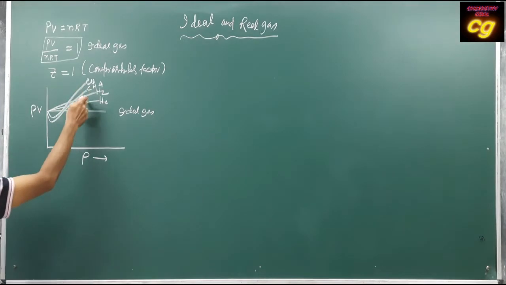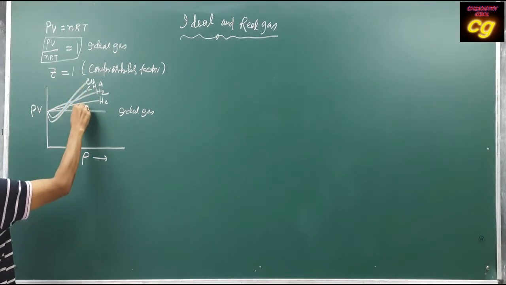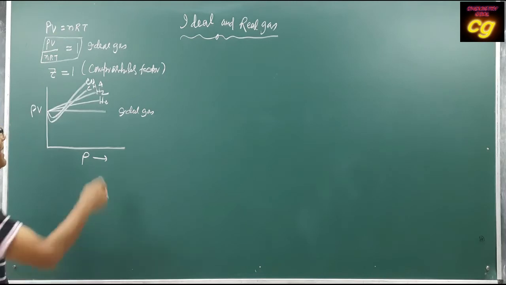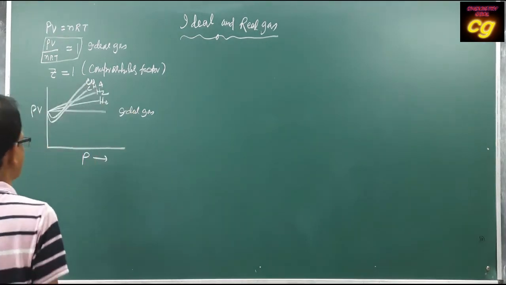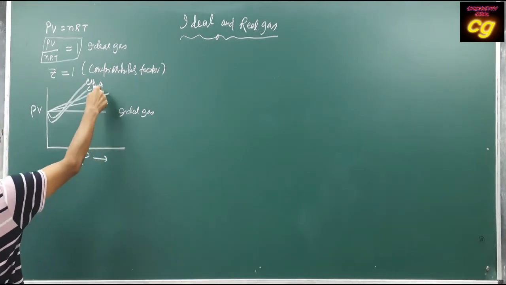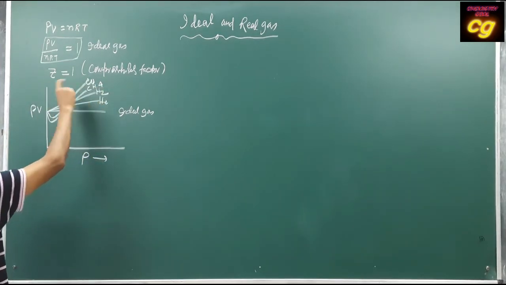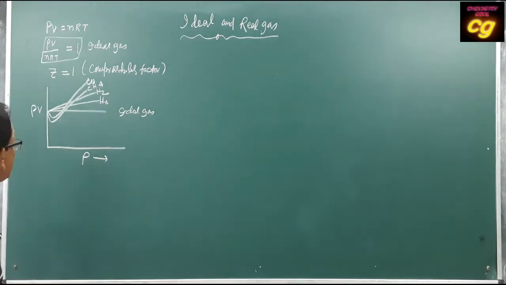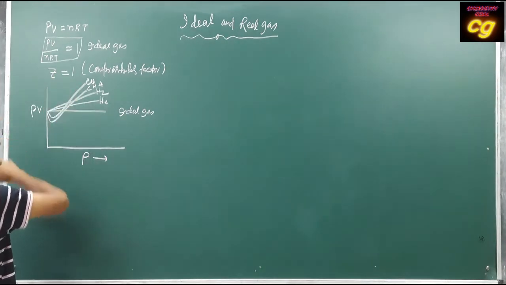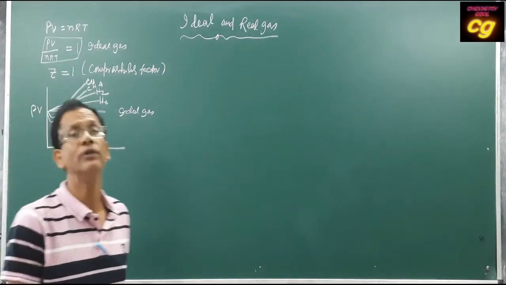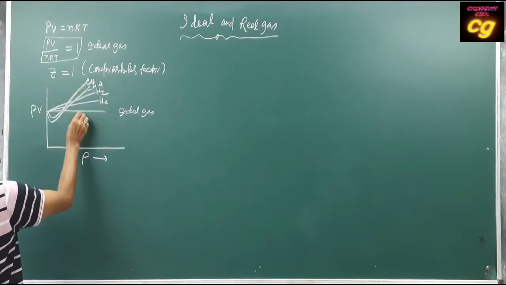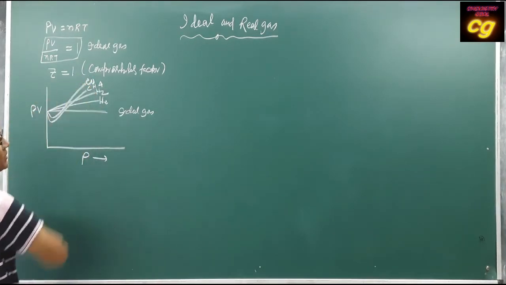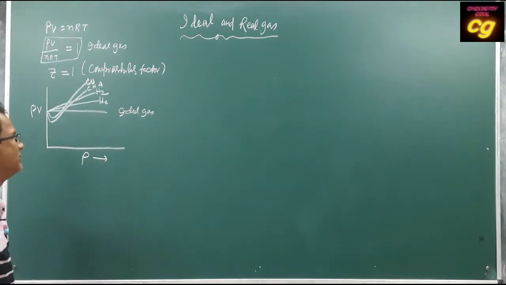If you see, these four graphs are coming above the ideal gas graph. Helium, hydrogen, methane and carbon monoxide are coming above the ideal gas. That means, if you see the graph, these gases deviate from ideal behavior. When they are coming above the ideal gas graph, that is called positive deviation.